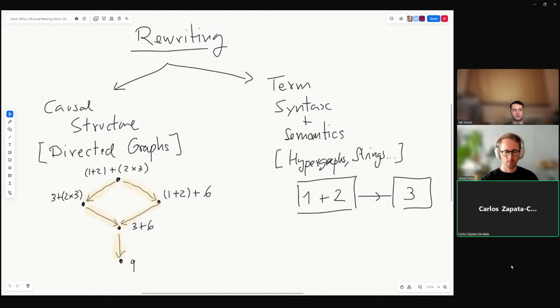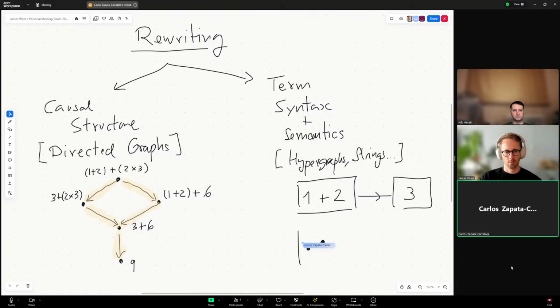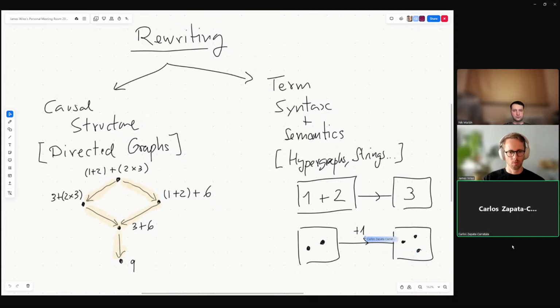But we could be much more simplistic, in the vein of cellular automata or discrete dynamical systems. You could have something like this: whenever you see 2 dots, you write another one, which you might think of as +1.